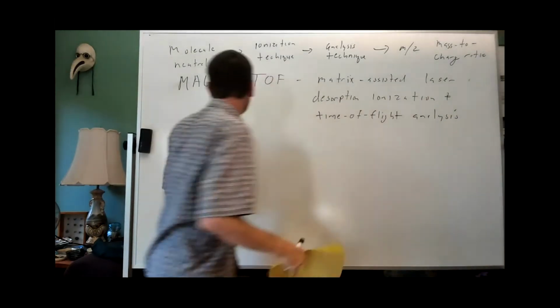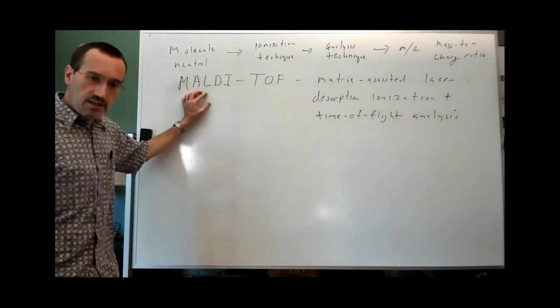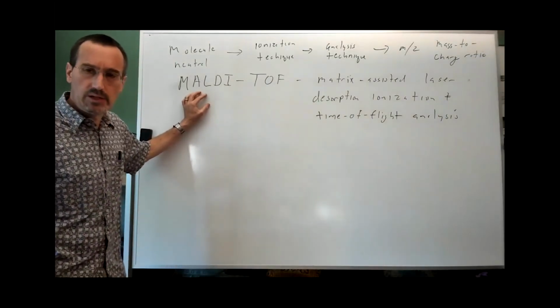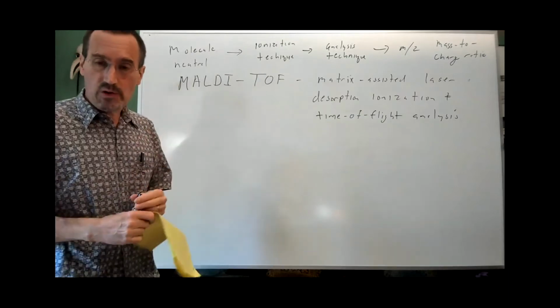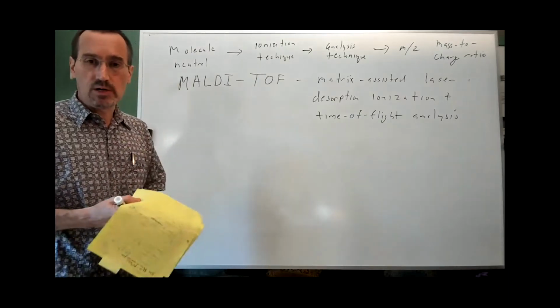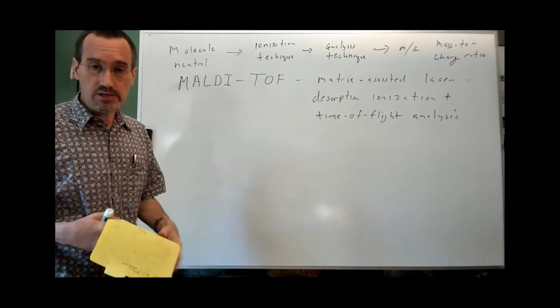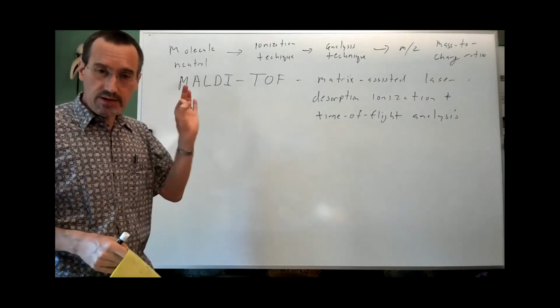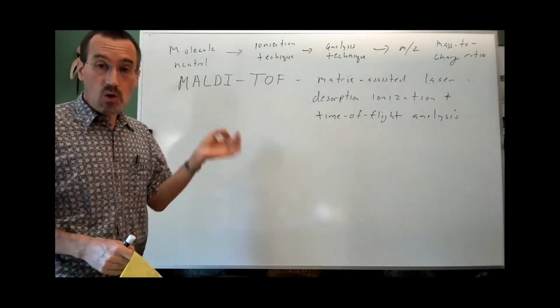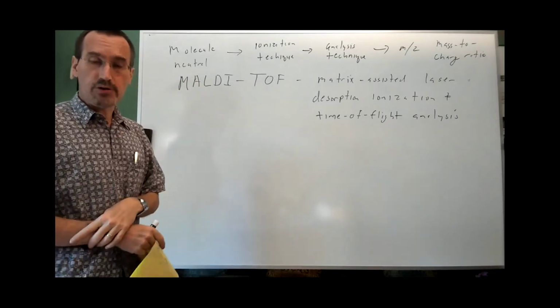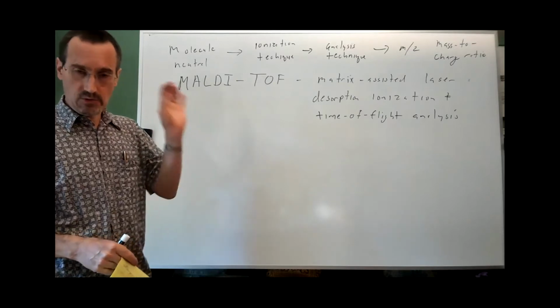And so in this technique, you're basically placing the molecule in a matrix, some organic compound that absorbs light, usually in the UV range. You're hitting it with a brief pulse of a laser. Often that's putting generally a proton on the molecule.